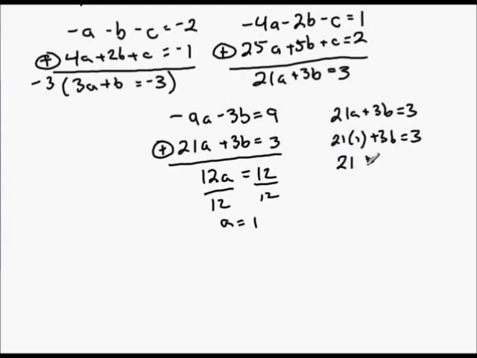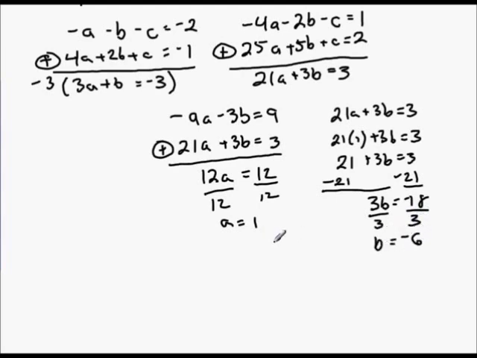So 21 plus 3b equals 3. Subtract 21 from both sides of the equation, and I wind up getting 3b is equal to negative 18. And if I divide both sides by 3, I wind up getting b equal to negative 6.